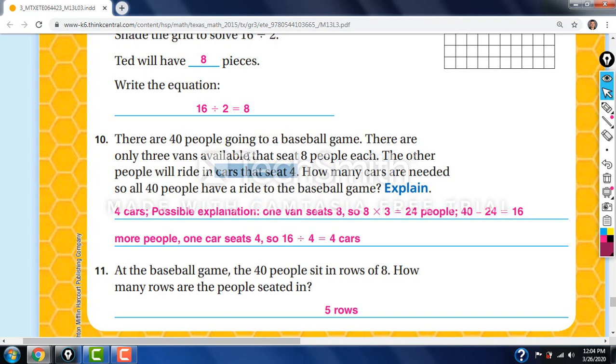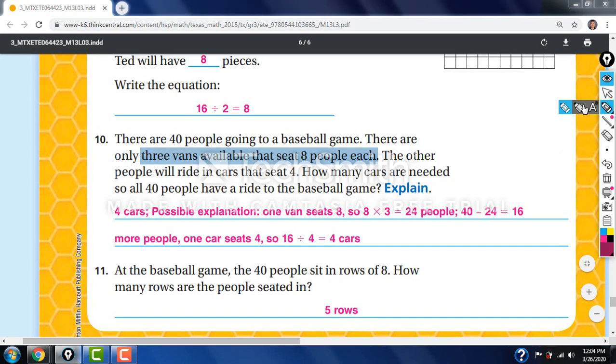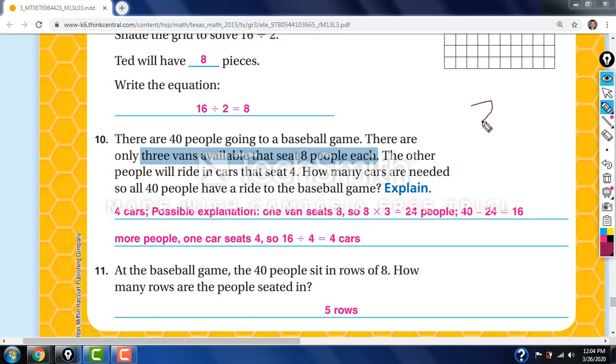We have only 3 vans, and 8 people can sit in each van. So we're going to multiply 8 times 3, because that's the only amount of people we can get. We only have 3 vans, and we know that 8 people can fit in each van. So 8 times 3 gives us 24.